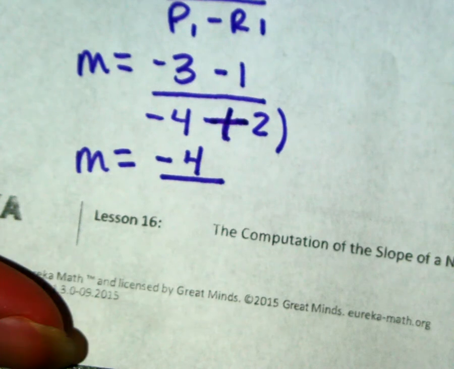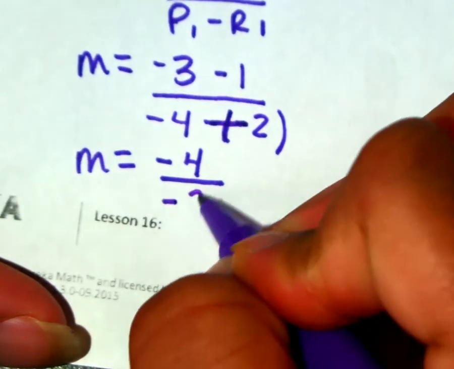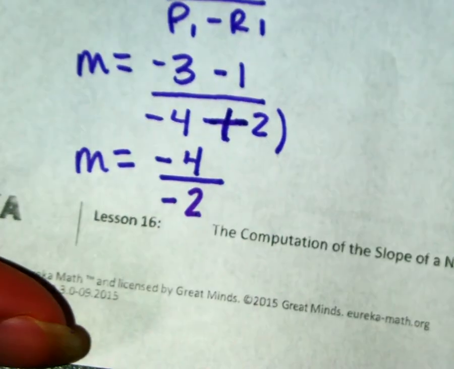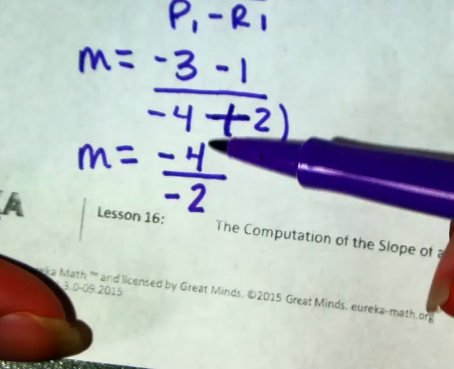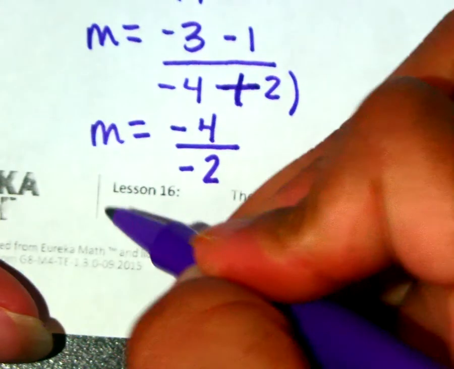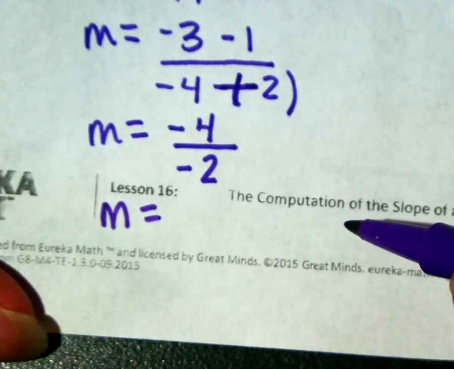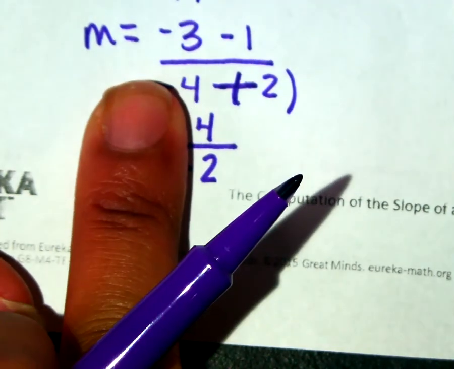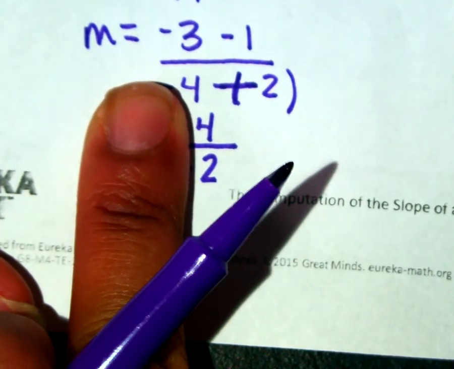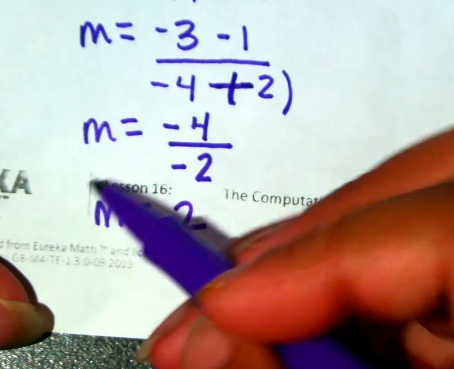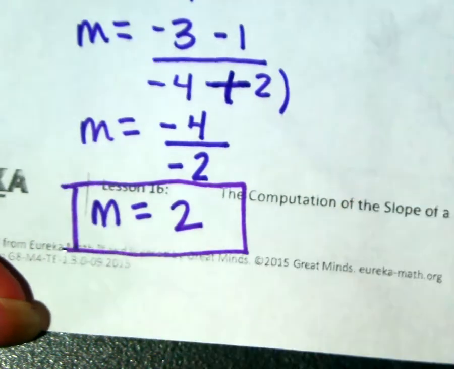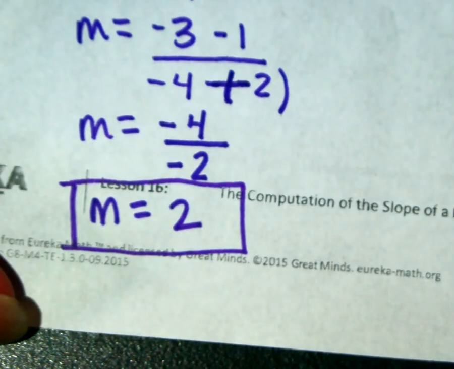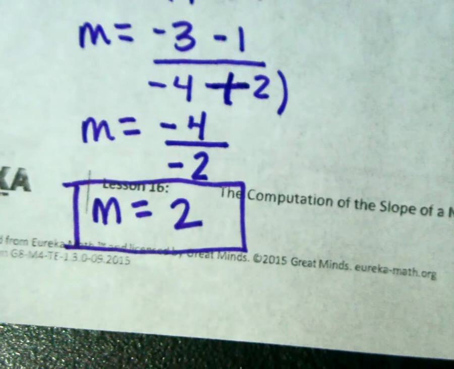So this is negative 4 plus 2. I'm going to end up with negative 2. Now I see 2 negatives, so I know I'm going to end up with a positive answer. So let's look at the absolute values of these numbers. 4 divided by 2 would give me a positive 2. Therefore, my slope, my rate of change, should be positive 2.